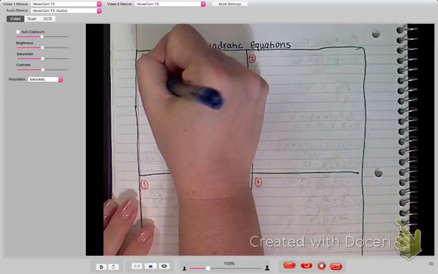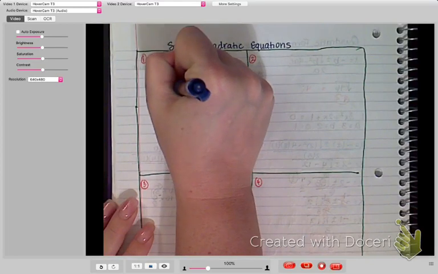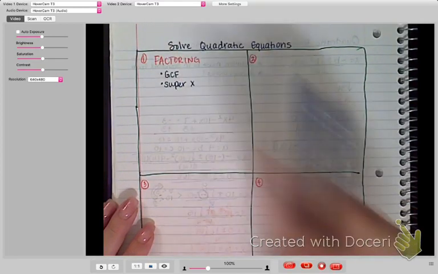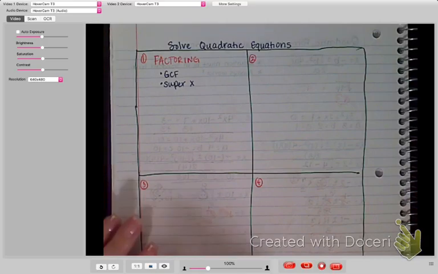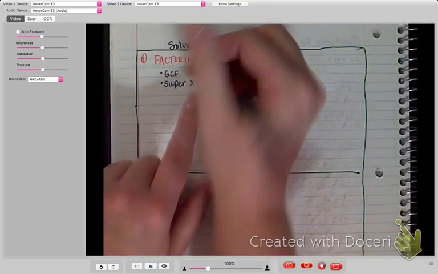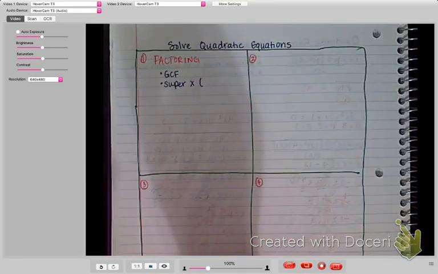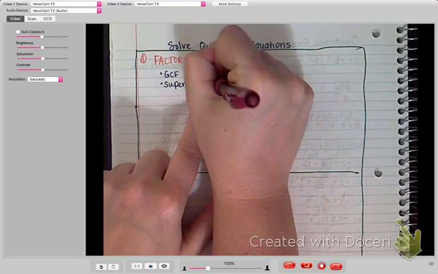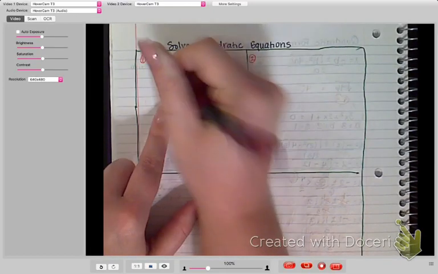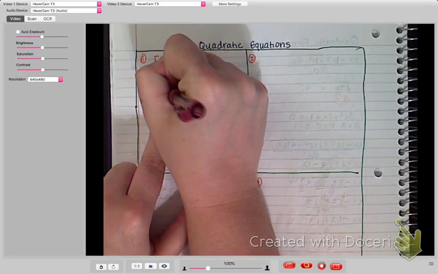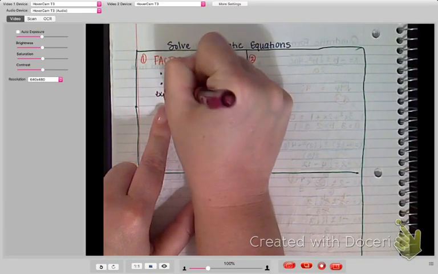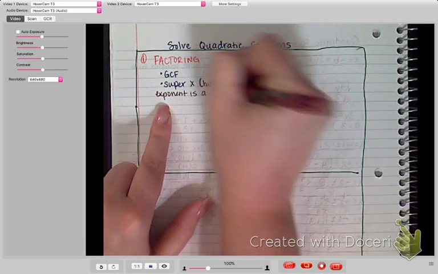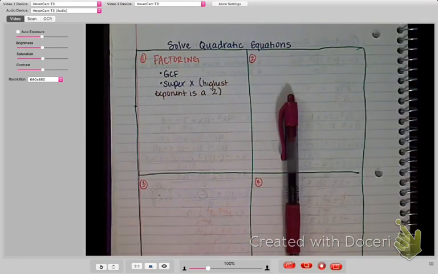And then we went to the super x. In order to use the super x, for our purposes (it'll change when you move to IM3), the highest exponent is a 2. If you don't have a 2 as your highest exponent, you cannot use the super x.